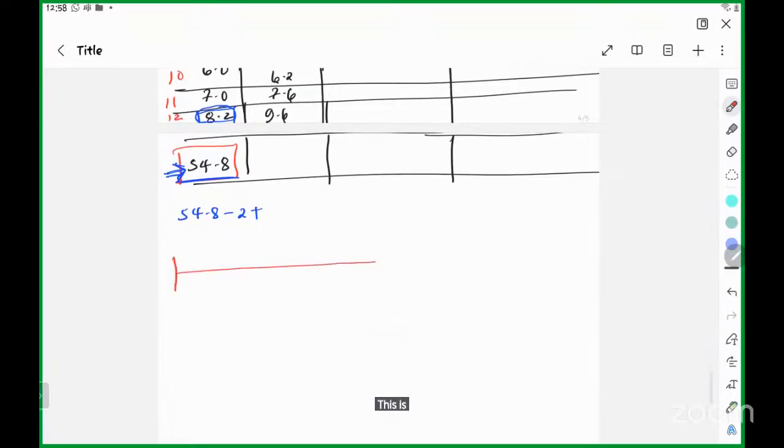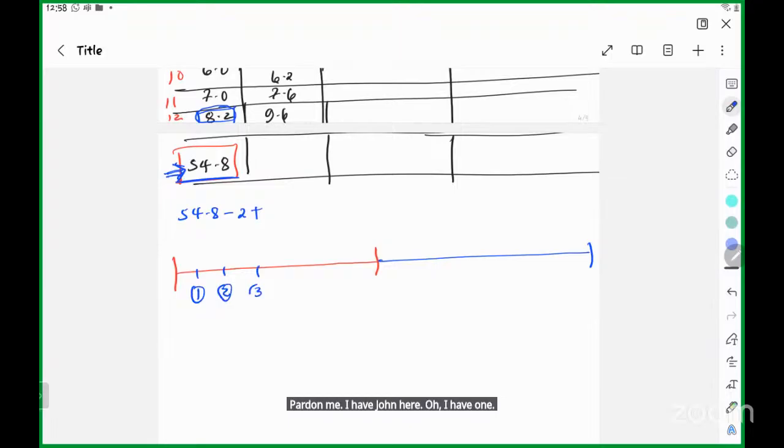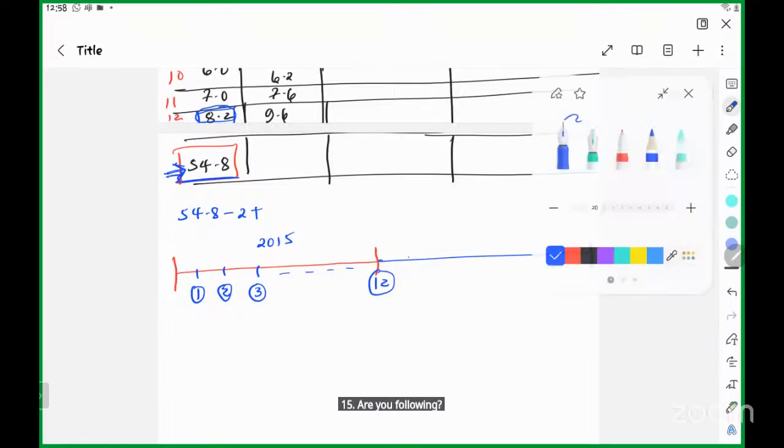Let me show you something. This is a number line. Okay, so I have Jan here, or I have 1, 2, 3, and so on up to 12. This is 2015. Are you following? Yes.